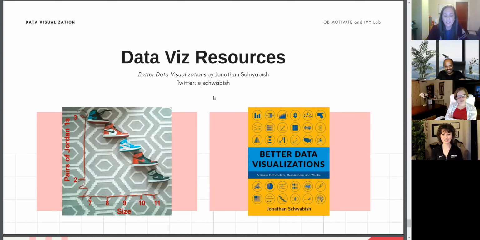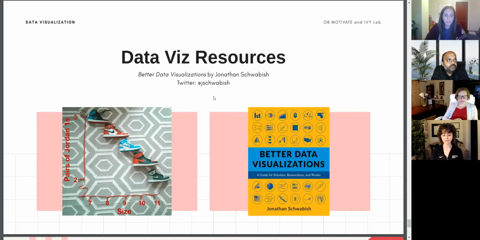But John Schwabish is an excellent resource. This book is excellent. I use it all the time. I've loaned it out to several of my colleagues, and I can't recommend it enough. But also, his Twitter is an excellent resource, and Twitter in general for that matter.